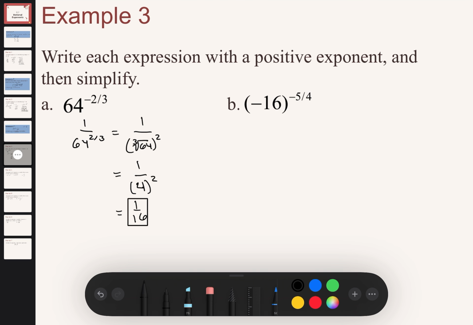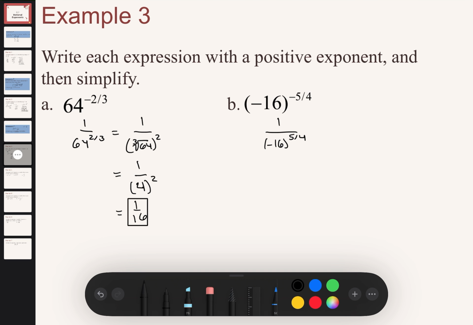All right, for this next one, I have negative 16 in parentheses raised to the power of negative 5 over 4. So I'm going to rewrite this as 1 over negative 16 to the positive 5 over 4. Hopefully you guys caught me on that one.